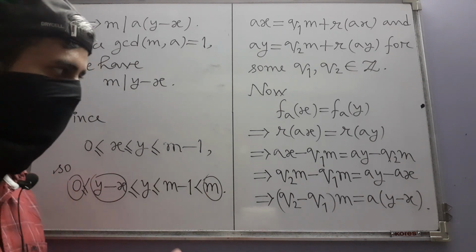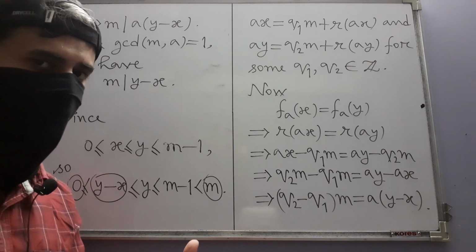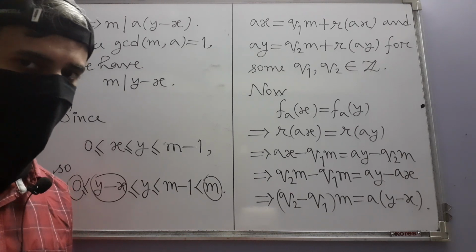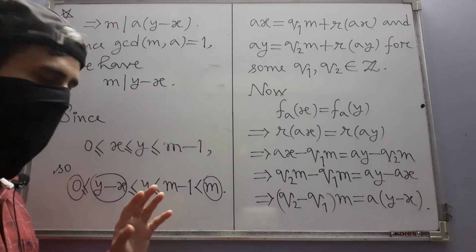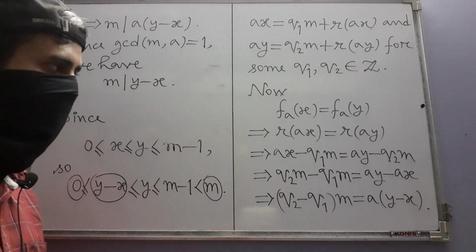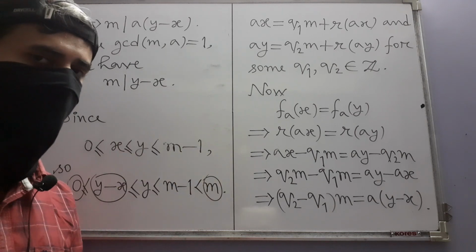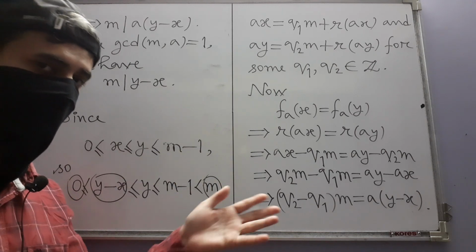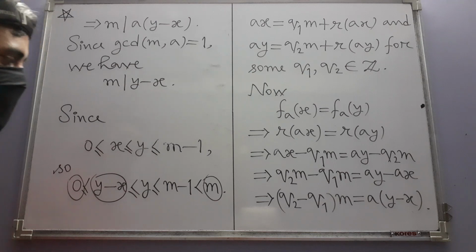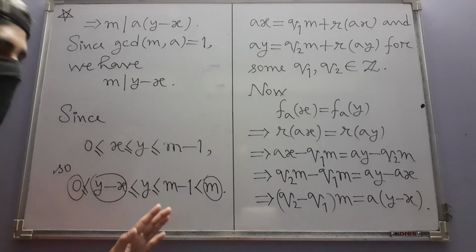No. For example, 4 never divides 3. 3 is positive and less than 4. You will get a contradiction if you forcefully suppose that 4 divides 3. In fact, I urge you to see why. Using the Euclidean algorithm, you can create a contradiction very easily. And that is why y minus x cannot be positive.